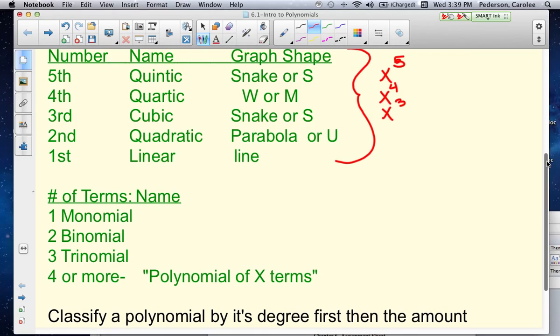If it's a second degree polynomial, x squared, which was all of Chapter 5, its name is called a quadratic, and its shape is a parabola or a U. And then earlier this year in September and early October, we focused on first degree polynomials, like y equals 3x plus 5. Its degree is 1. We call that a linear function. Its shape is a straight line. So go ahead and finish writing up that chart.